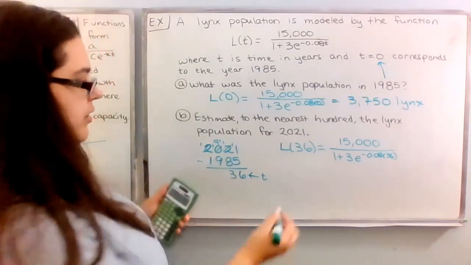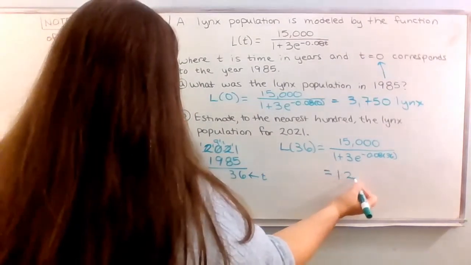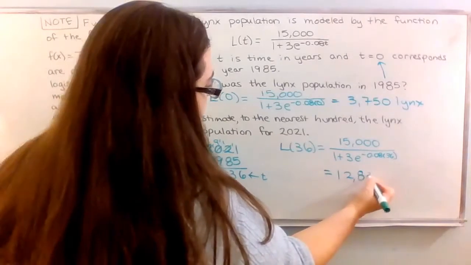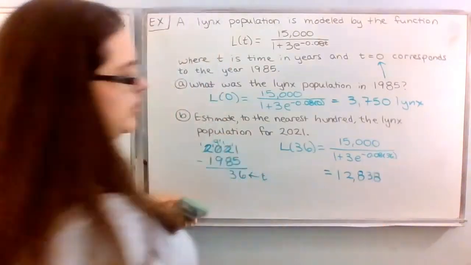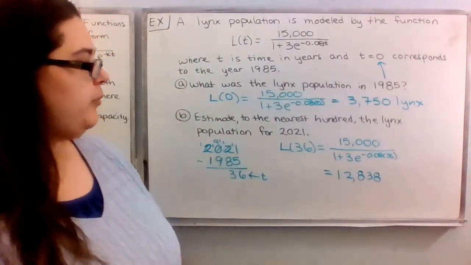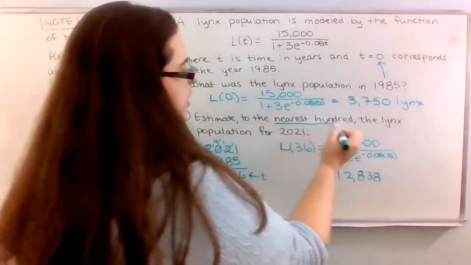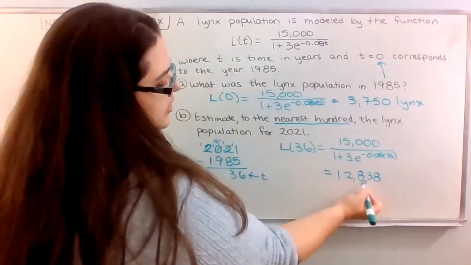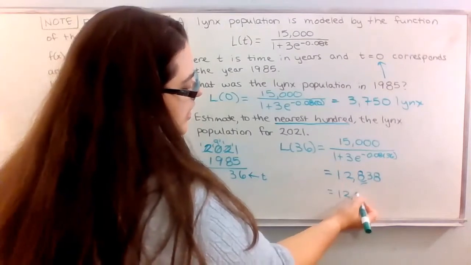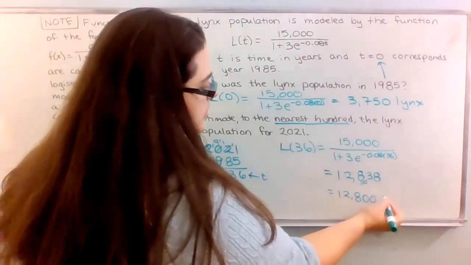And that's giving me 12,838 and some change, a decimal piece. But they want this to the nearest 100, so we're going to round this to 12,800 lynx.